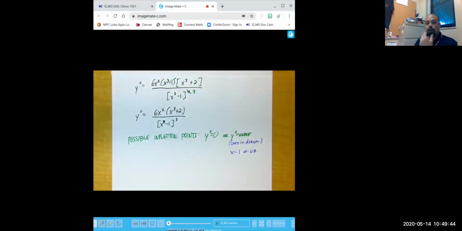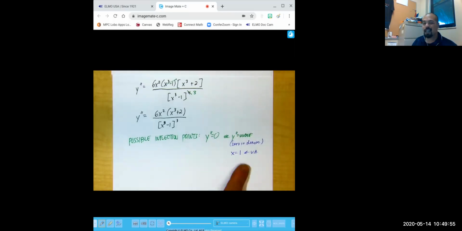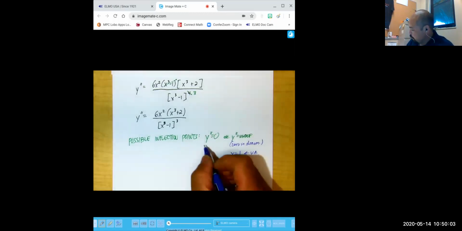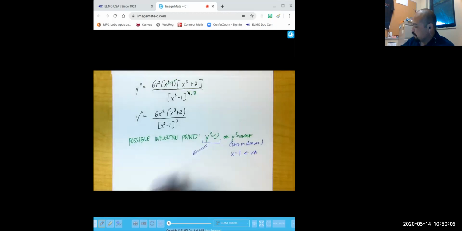That vertical asymptote is going to be a place where that concavity can change from being concave up to concave down or vice versa. So it might not necessarily be a point, but a location where that concavity changes. But definitely that second derivative equals 0 is going to be the one that's going to take some action.